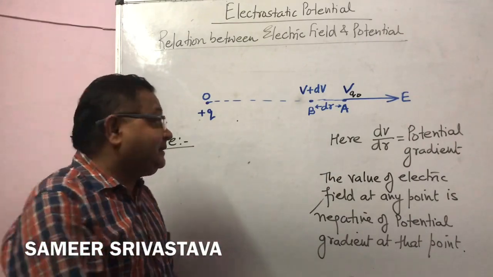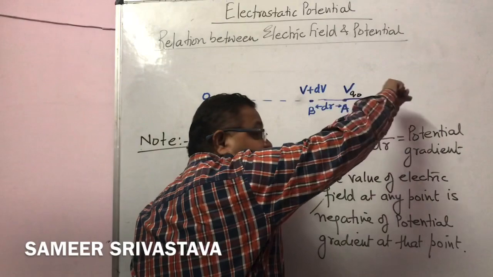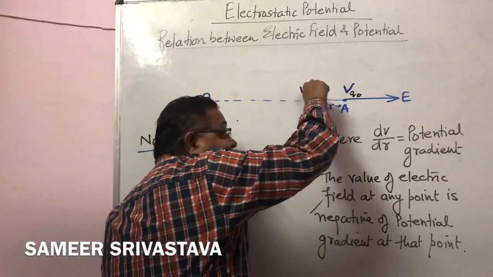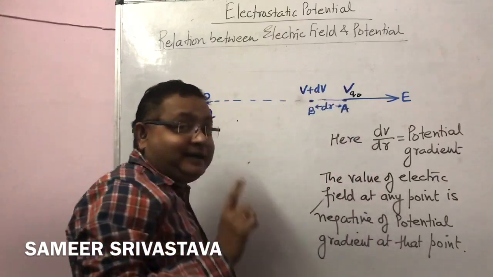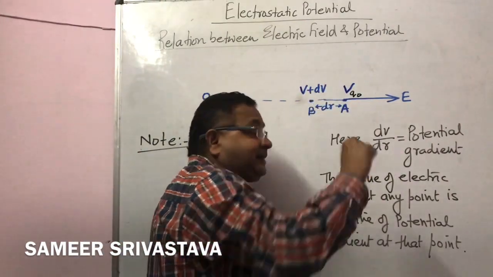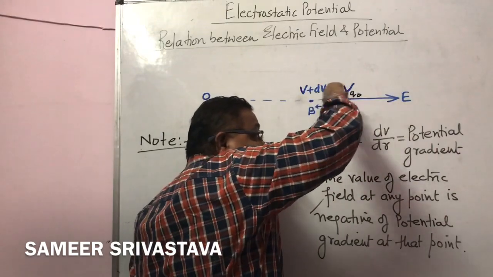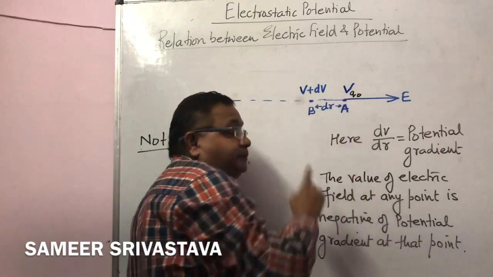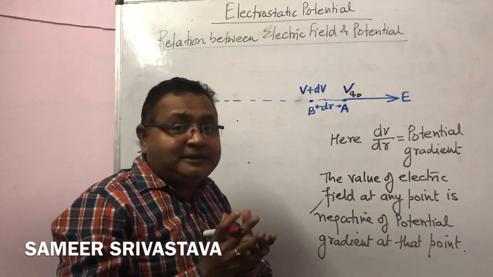What does it mean? The direction of electric field is always in the direction of decreasing potential. What do we mean by decreasing potential?